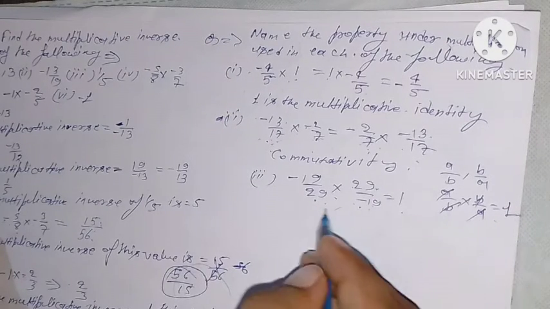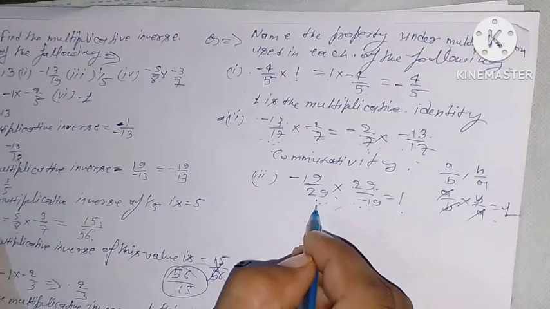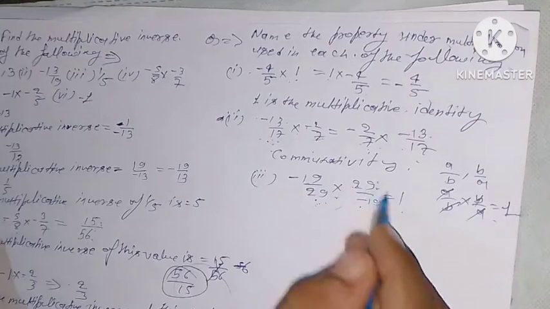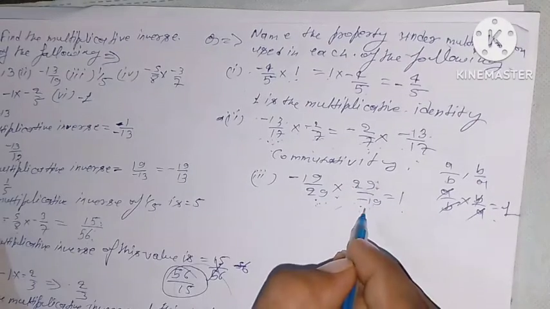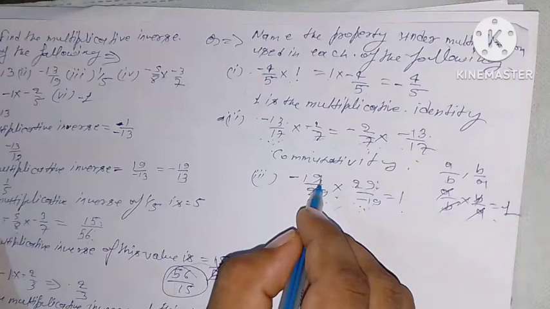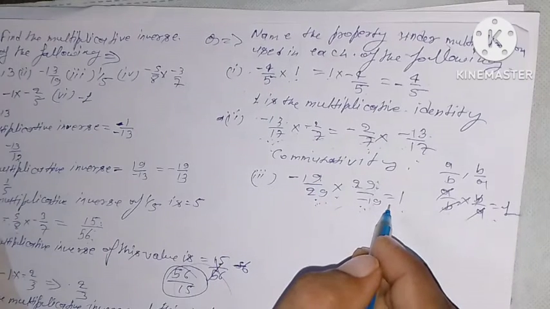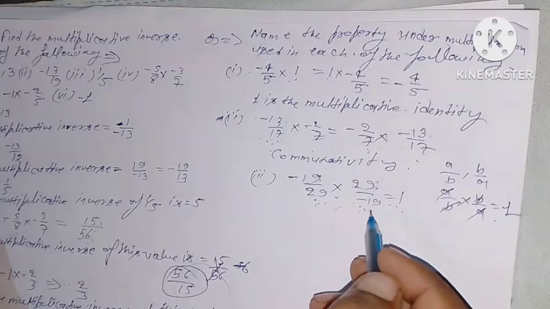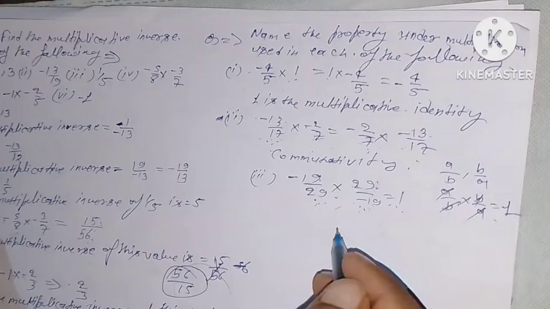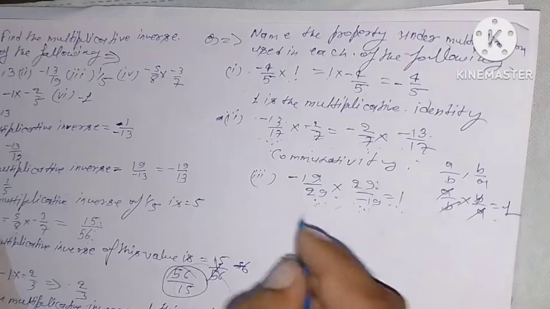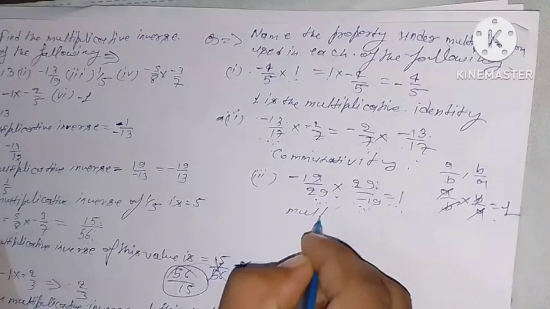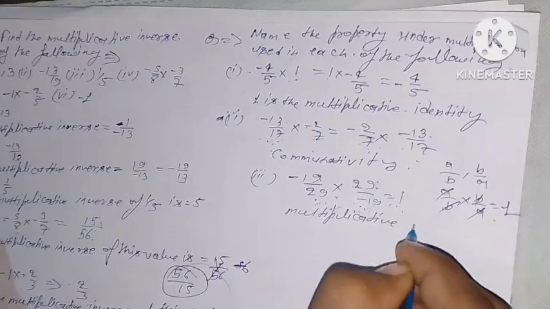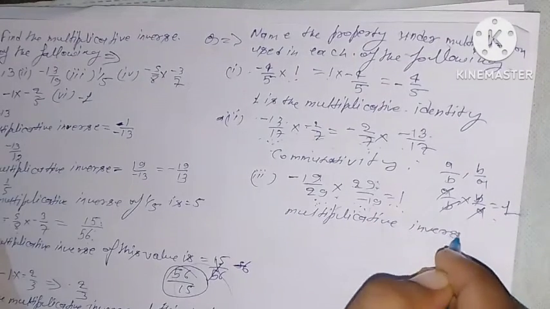So as minus 19 upon 29 multiplied by 29 upon minus 19, 29 is cancelled by 29, and minus 19 is cancelled by 19. Then the value of this question is 1. So this is the property of multiplicative inverse.